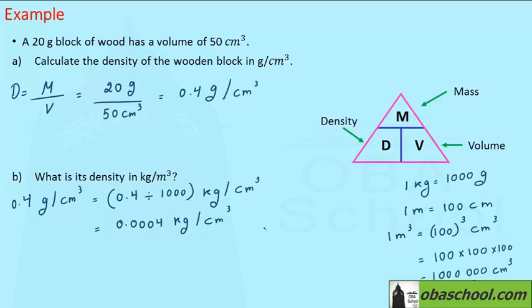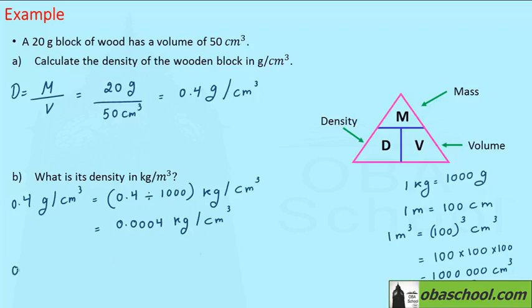Next, we will convert from kilograms per cubic centimeter to kilograms per cubic meter. Since a cubic centimeter is smaller than a cubic meter, thus 1 over a cubic centimeter is larger than 1 over a cubic meter. So to convert 1 over a cubic centimeter to 1 over a cubic meter, we multiply by 1 million. Again, since 1 over a cubic meter is smaller than 1 over a cubic centimeter.